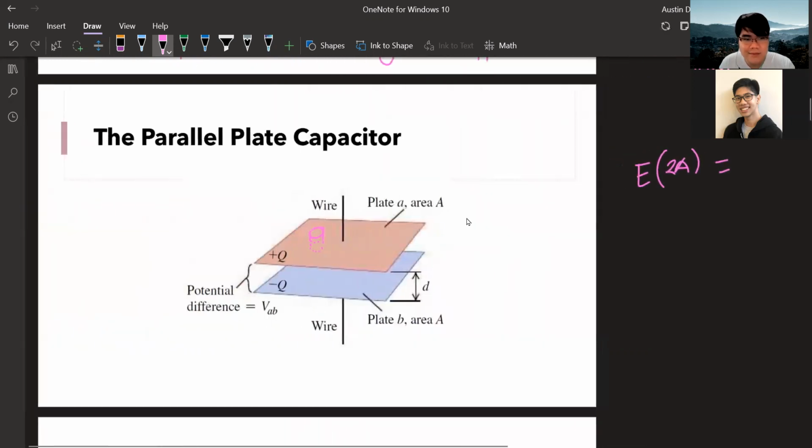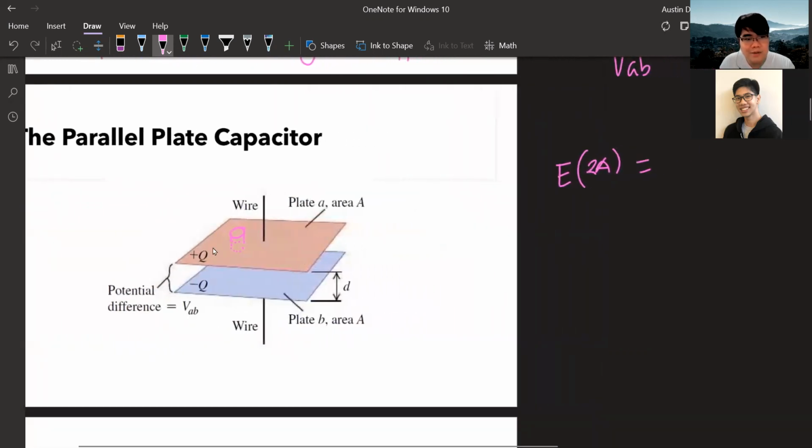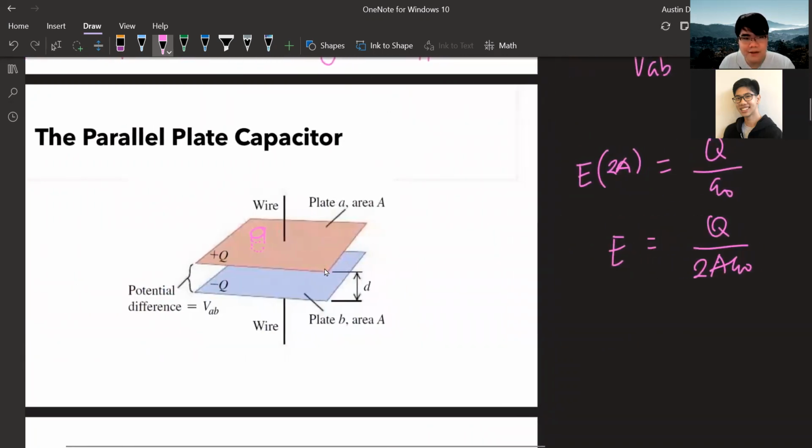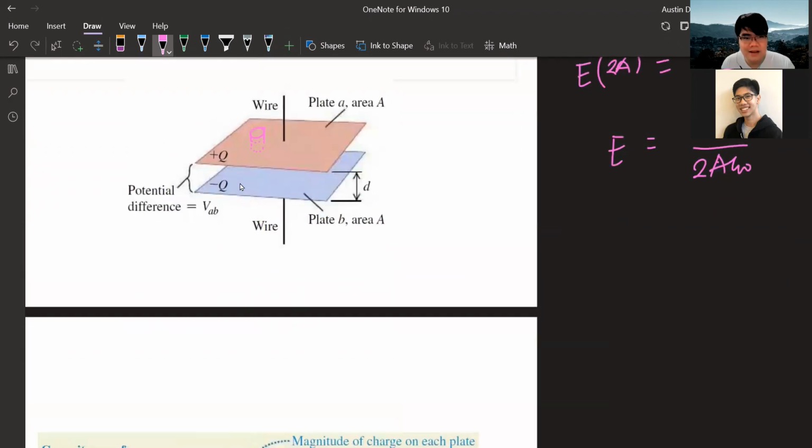And then, the Q enclosed would be Q over epsilon naught. Tapos, I have my field to be Q over 2A epsilon naught. And we've done this, no? Na yung galing sa Q would be downward and yung galing sa negative Q would also be downward, and in essence, they would add up.